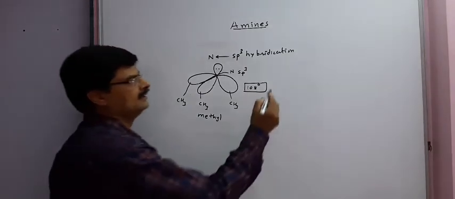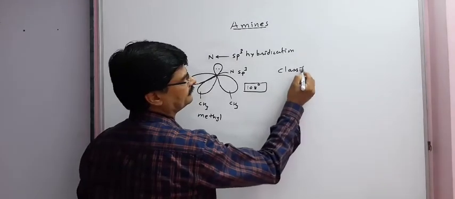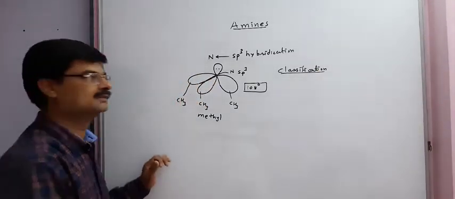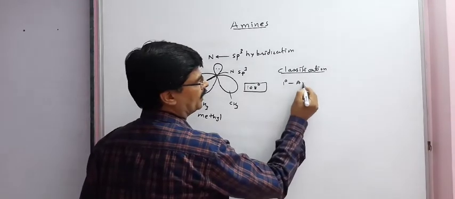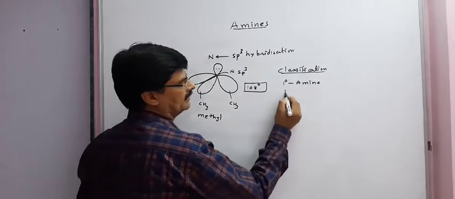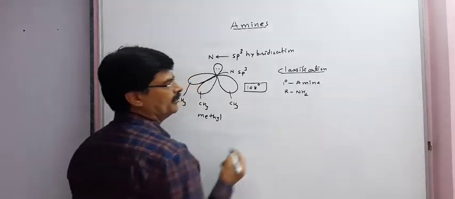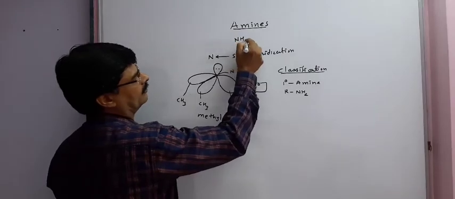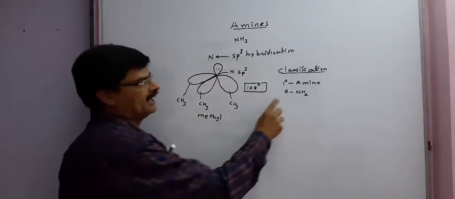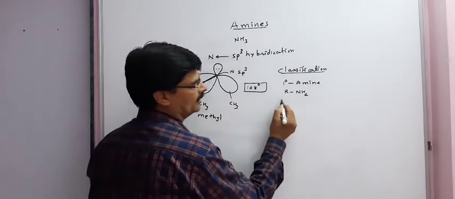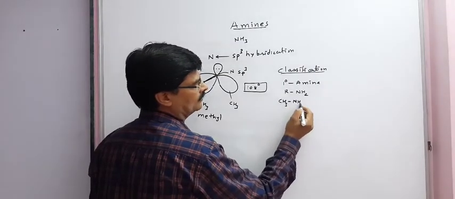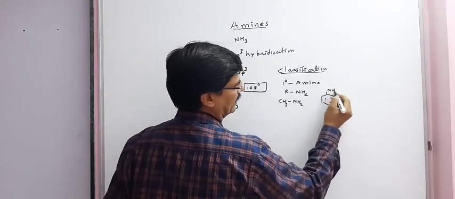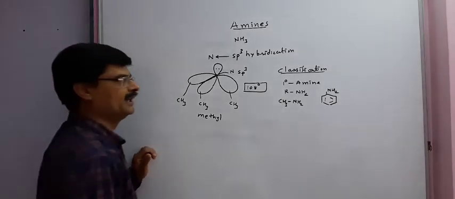Now we will study the classification of these amine compounds. Primary amine, RNH2, means only one hydrogen of ammonia is replaced by either an alkyl group or an aryl group, for example CH3NH2 or aniline, aminobenzene, a primary amine.